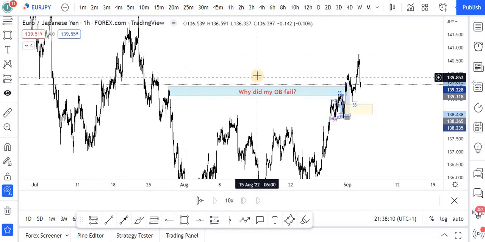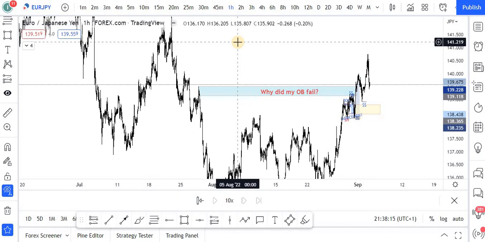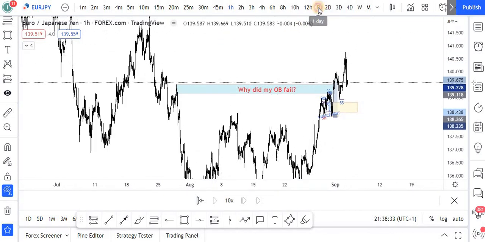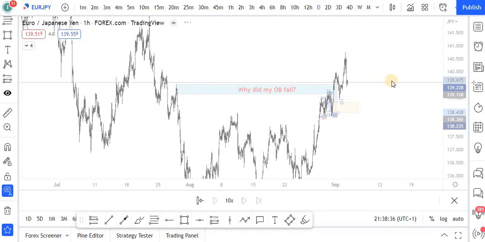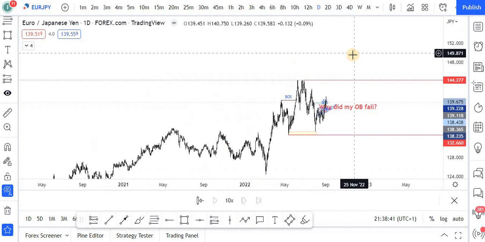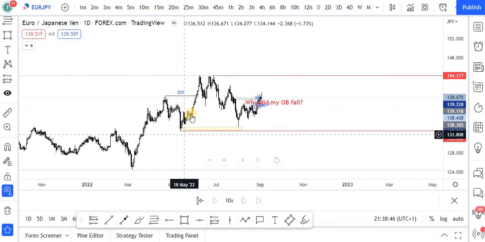So in this scenario, the first thing you need to know is what the higher time frame message is telling us. What is the higher time frame direction basically? So the first thing I did was to go to the higher time frame, like the daily, and I discovered that the daily was bullish because we have, first of all, this bullish break of structure here.